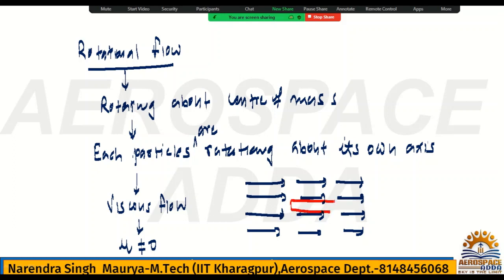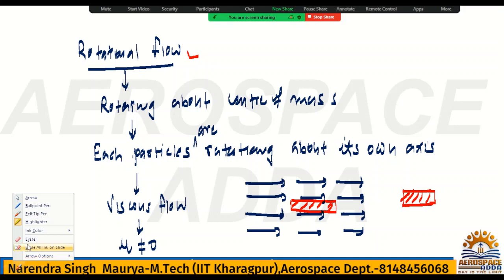Any part I can take; this is the rectangular fluid particle. If I'm saying rotational flow, that means this fluid particle should rotate about its own axis. Suppose the axis is the center of mass, the center point.